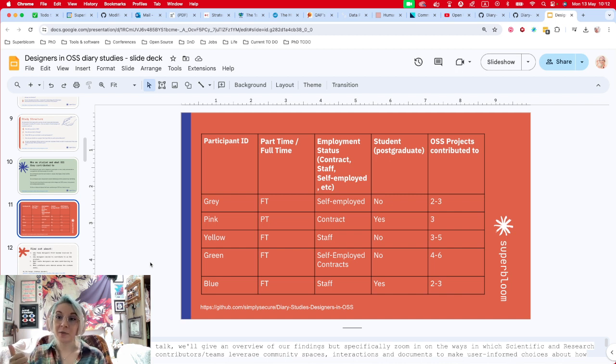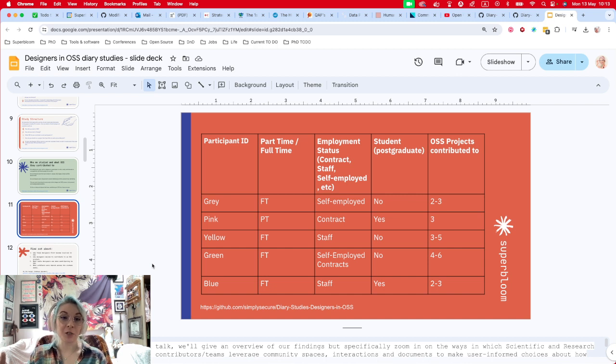a function within open source that is not as prevalent as other contributions to open source, like code, documentation, QA, any other things that are, for lack of a better term, popular contributions to open source, or you could just say more prevalent contributions than designers. So it was pretty good that we got that many submissions.